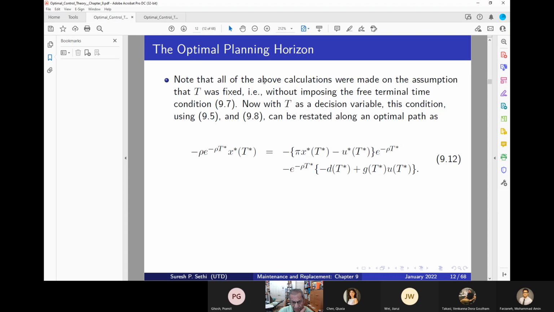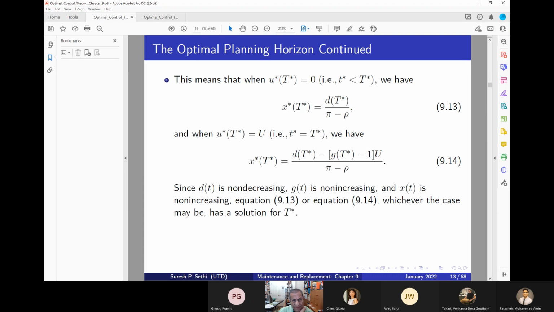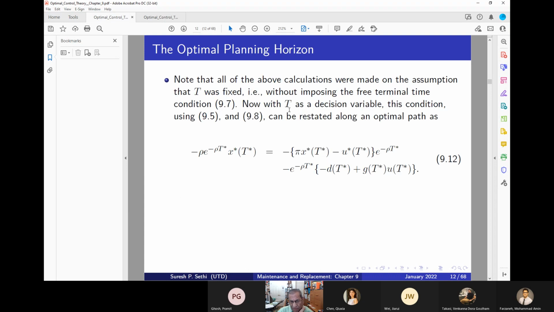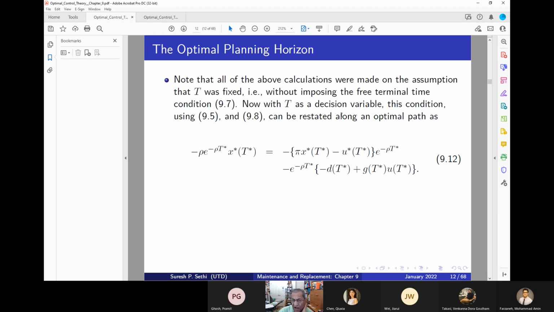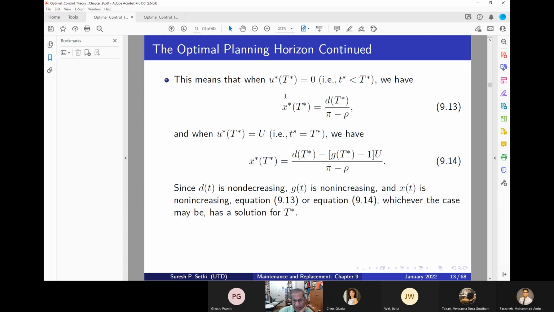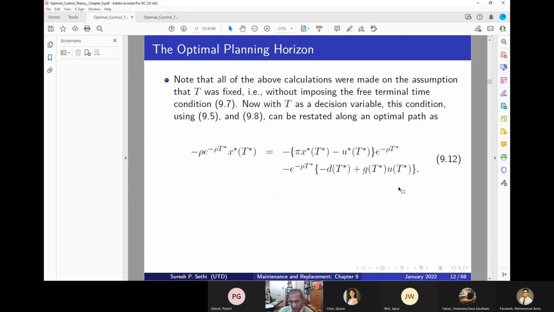So what he does is the following. Suppose that, so we're now looking at these two equations and trying to figure out how to manage this business of free terminal time. It means that if U star T star equals 0, that is, if the control at the end is 0, which can happen either if the control is 0 all the way, or control is U and then 0.